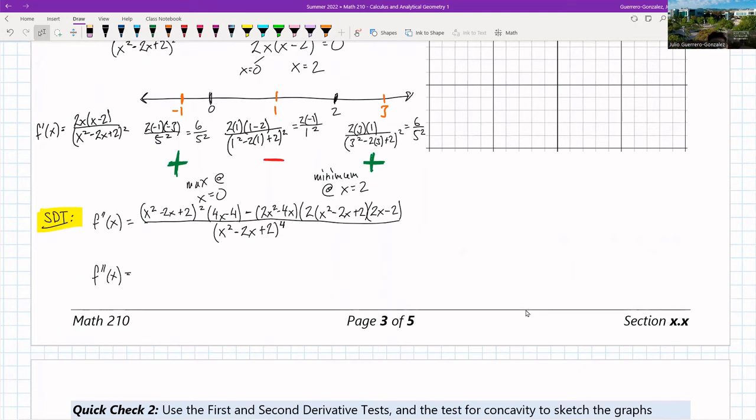If you do so, you should get something along the lines of this: minus 4x minus 4, times x squared minus 2x minus 2, all over the bottom, x squared minus 2x plus 2, cubed.